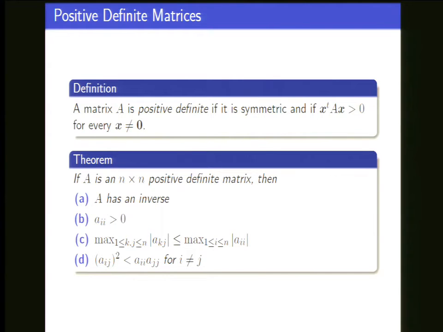So if I give you this, you immediately say, no, it's not positive definite because it's not symmetric. Now, if it is symmetric, then how do you determine if it's positive definite or not?